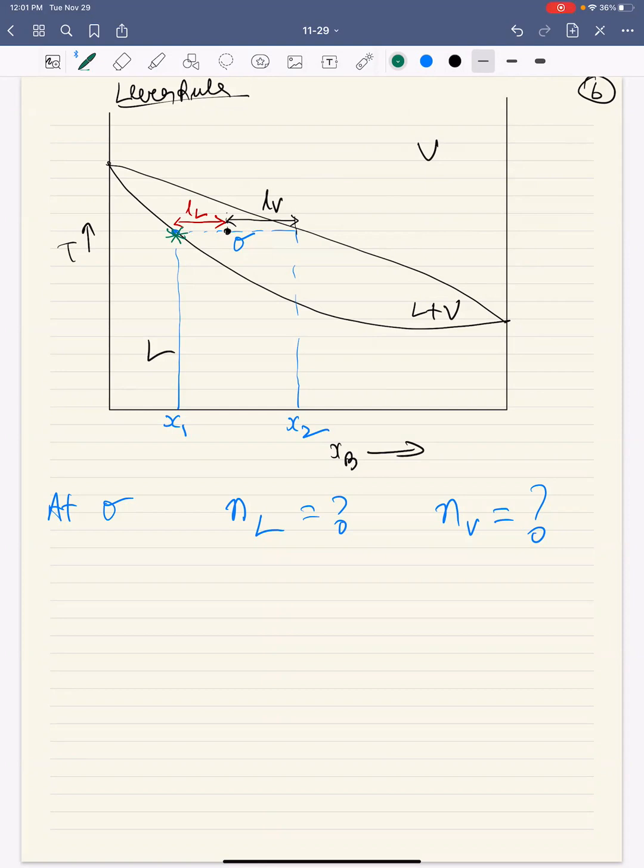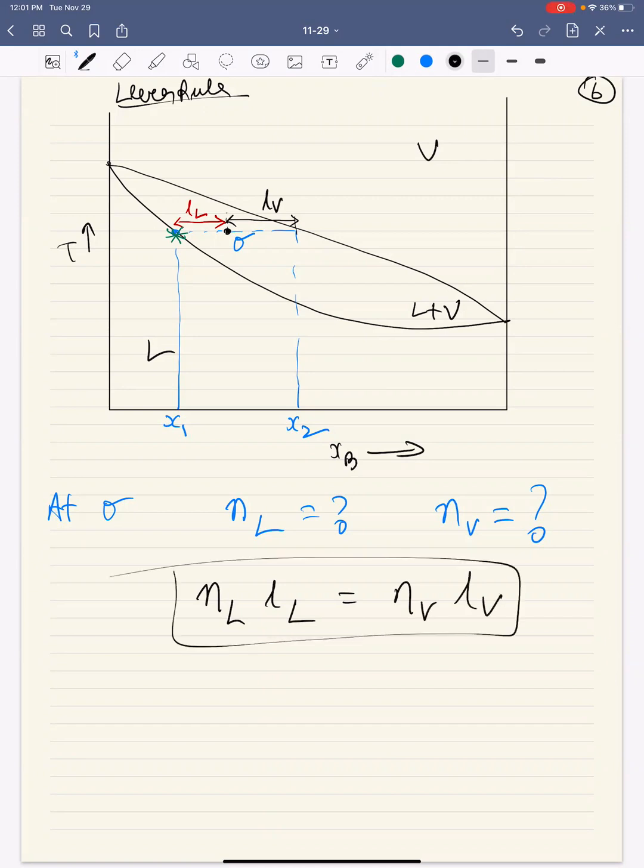So Lever rule says that if you measure these two lengths, then NL multiplied by LL is equal to NV multiplied by LV. Does this make sense? At point X, or let's call it point K, which is this one over here, what is the value of LV?